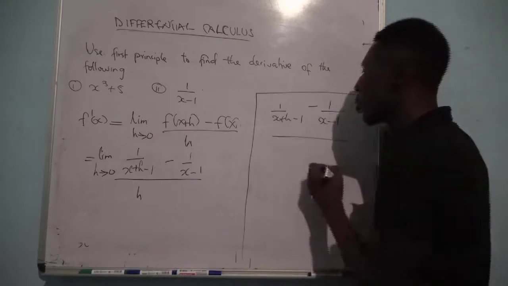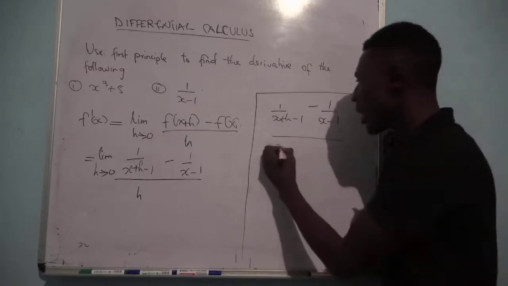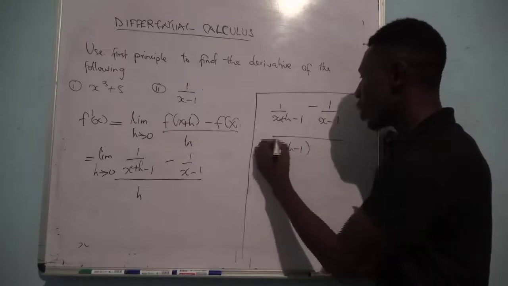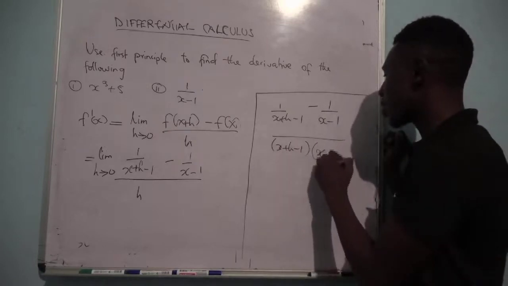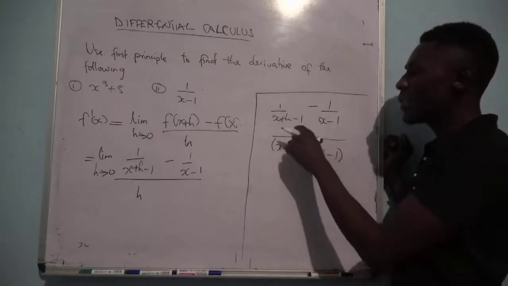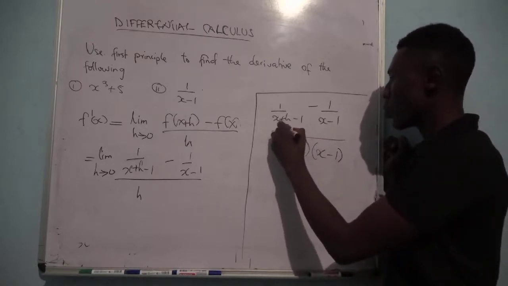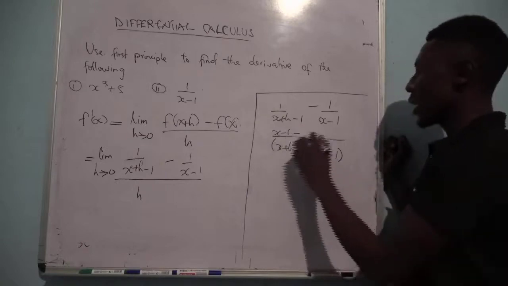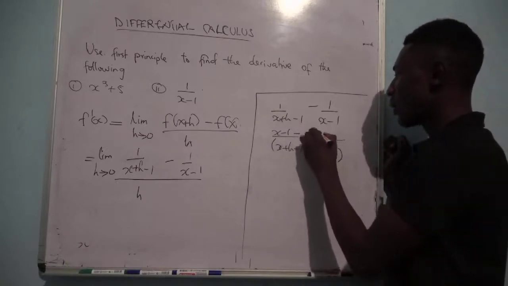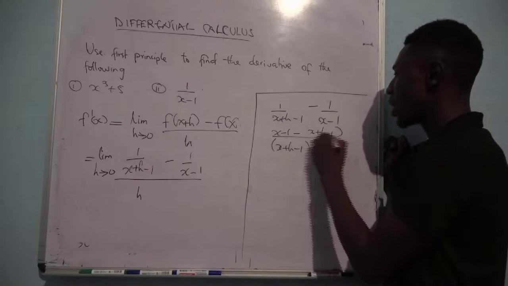My lowest common multiple will be x plus h minus 1 multiplied by x minus 1. So when I divide x plus h minus 1 into what I have, I'm going to get x minus 1 minus this, which is x plus h minus 1, like that.